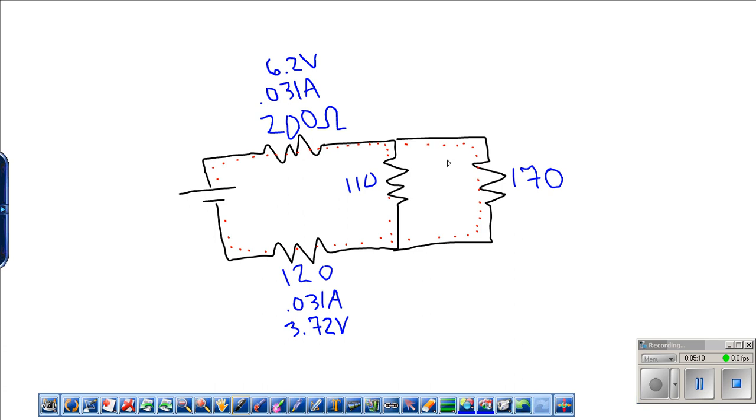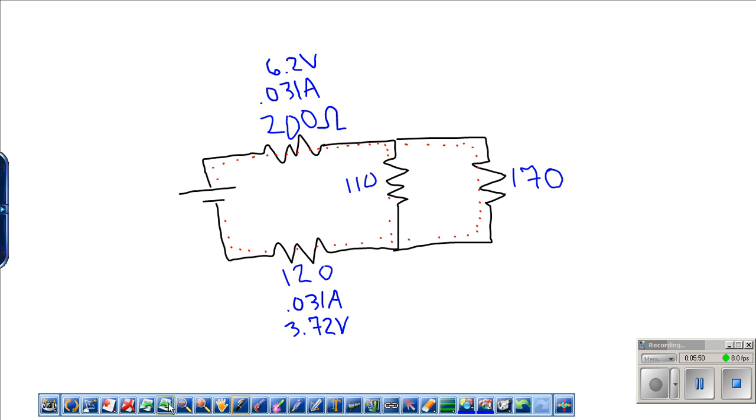Now for this 110 and 170 ohm resistor, the current is not exactly going to be 0.031 amps. Yes, it's true that right here at this junction, 0.031 amps flows in, splits up to the two resistors, and then comes back together and forms to be 0.031 amps. But as far as how much flows through the 110 and the 170, we're going to have to figure that out. The one thing we do know is that we have the same voltage drop across both of them.